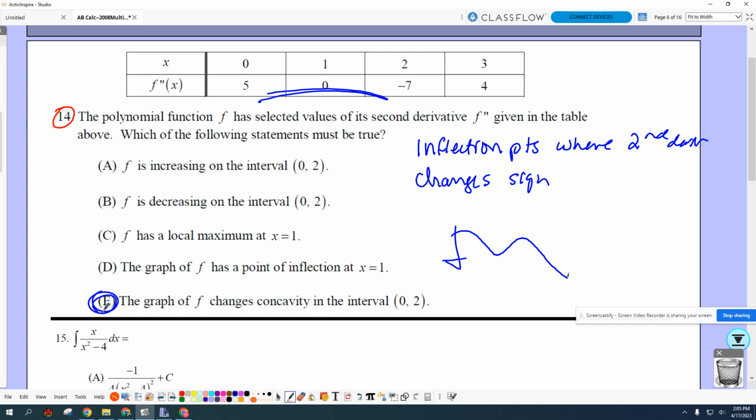Kian said maybe, if this is the second derivative from 0 to 2, the second derivative was 5, then maybe at 1 it hit 0, but it didn't actually change, it just took a pause, and it was still concave up. But it did go negative eventually. The second derivative went from positive 5 to here. So maybe it was 1.7 where the inflection point was. Maybe it bounced and went back up, but he said it had to have changed at some point.